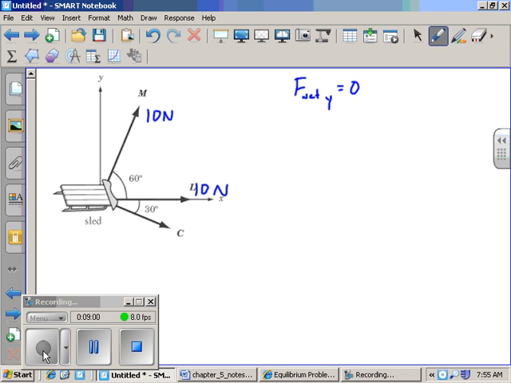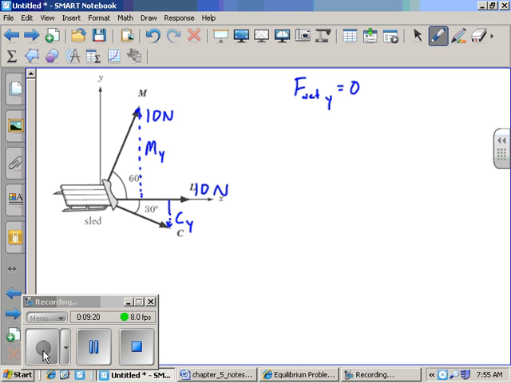So that means that whatever component My is, that must be equal and opposite to Cy. Now, you can see why this is not clearly drawn to scale.